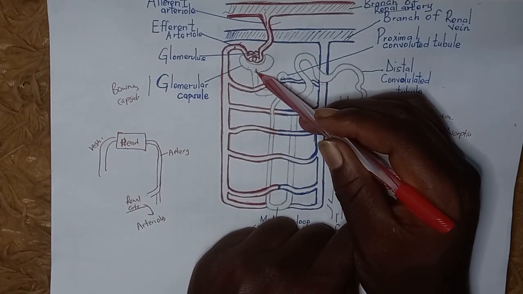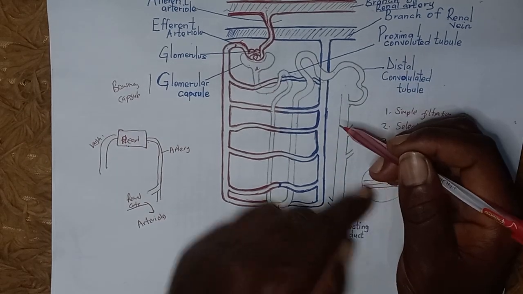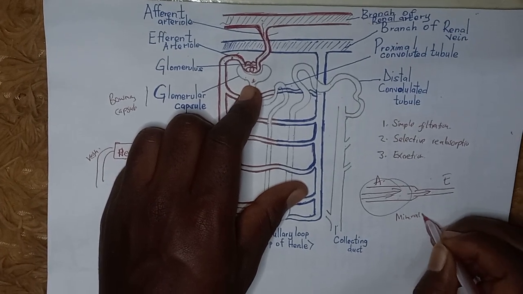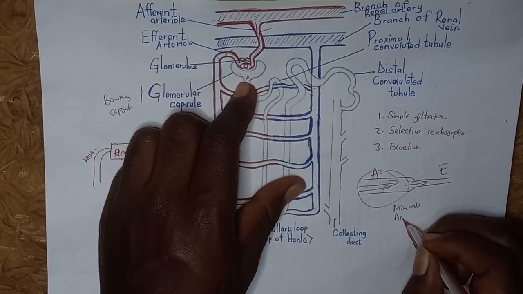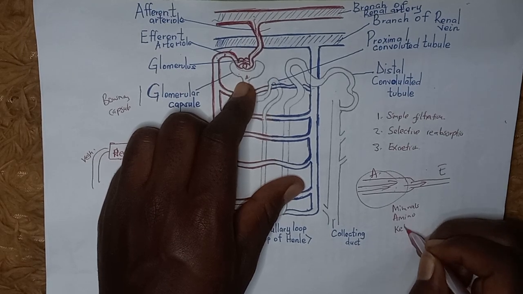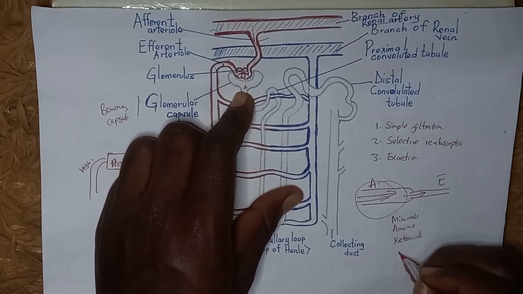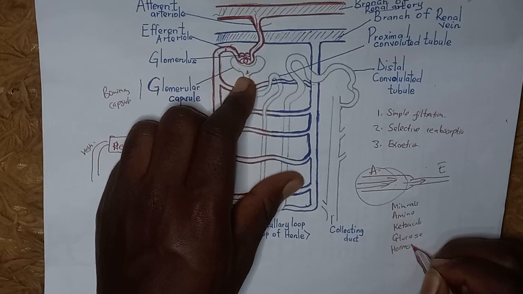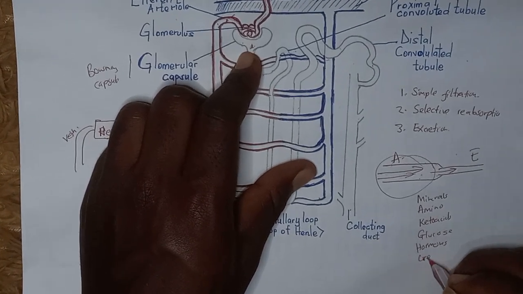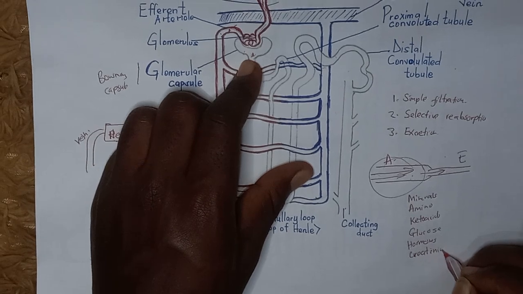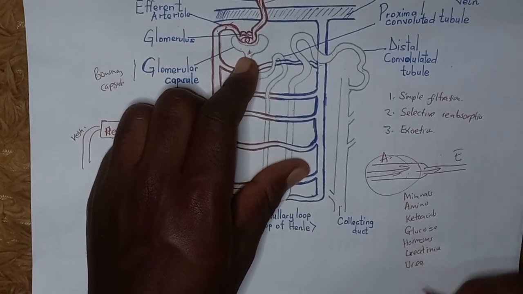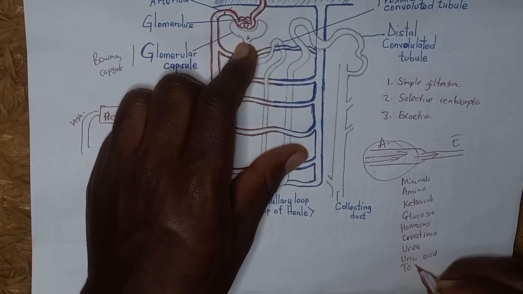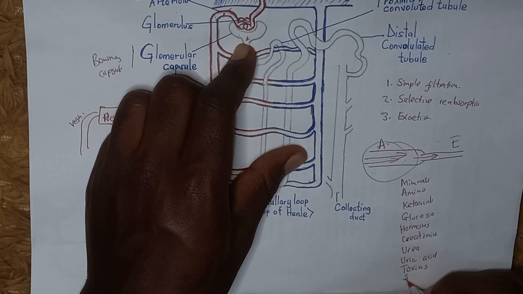The substances that are permeable here are mineral salts, amino acids, keto acids, glucose, hormones, creatinine, urea, uric acid, toxins, and some drugs.